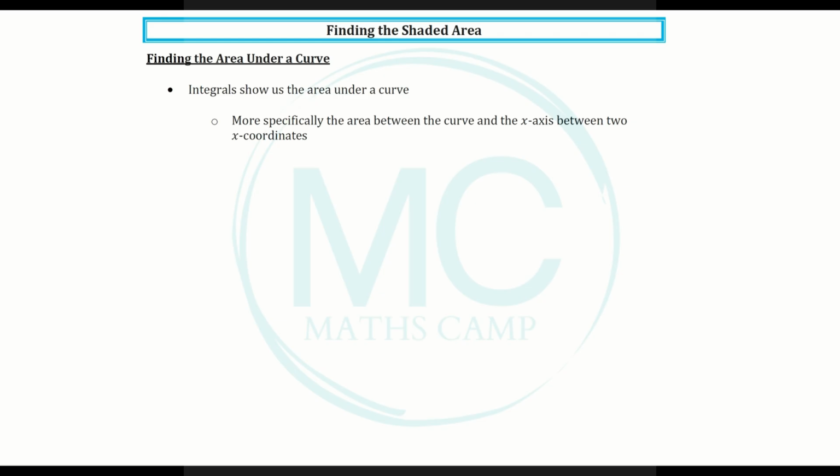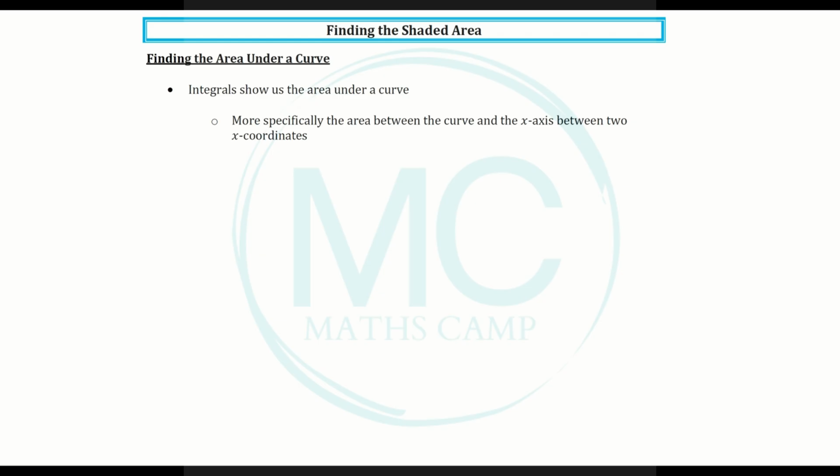Remember that if I were to draw a line along the x-axis, its equation would be y is equal to 0. When looking for the area between a curve and the x-axis, we need to subtract the equation of the x-axis, which is 0, from the equation of the curve. But when you subtract 0 from any value, the value remains the same.